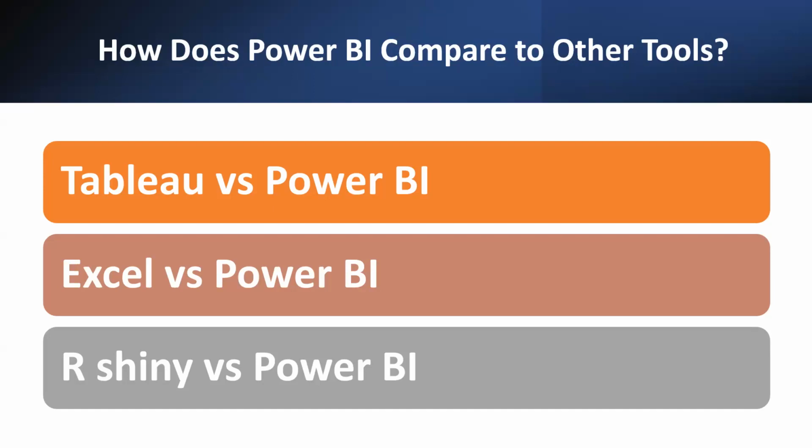R Shiny is quite free, like really free, that you can use it to any extent. You can access any types of data sources for free. But with Power BI, you cannot do some things without paying. You have to pay at some point.